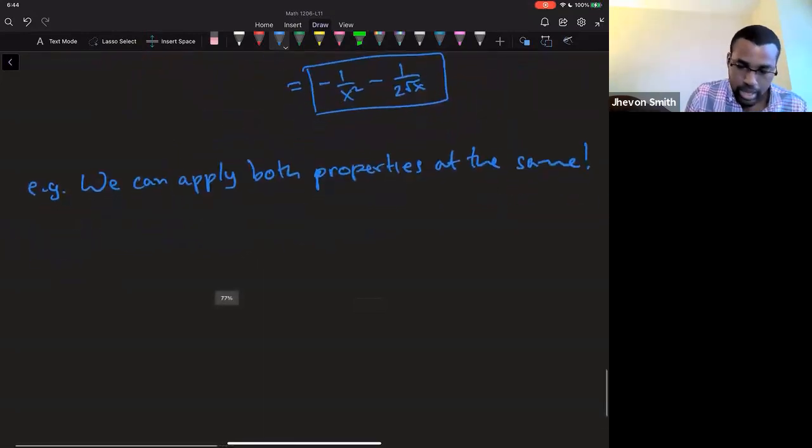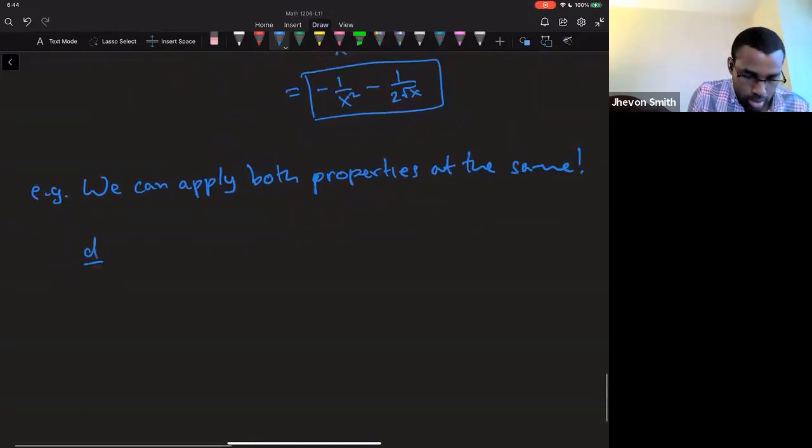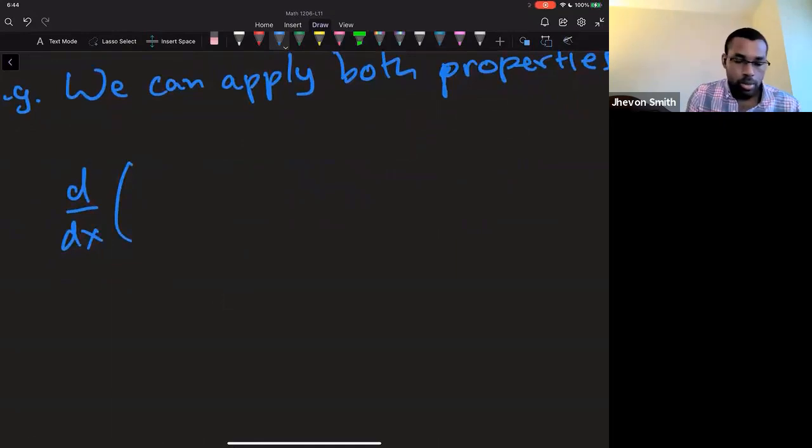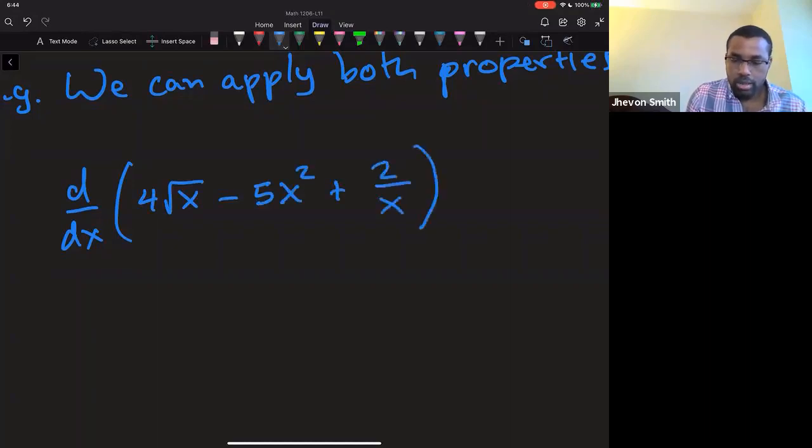So an example of that is, what if I wanted to take the derivative of, say, a little bit more complicated, 4 square root of x minus 5x squared plus 2 over x, right?